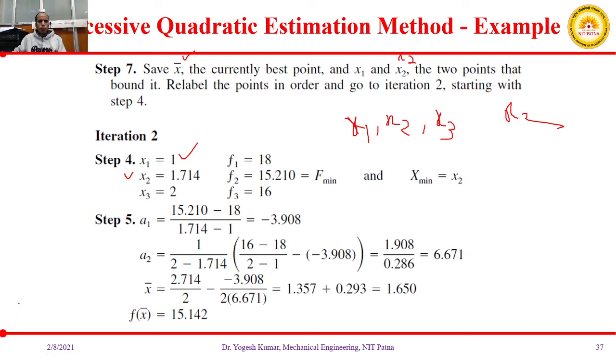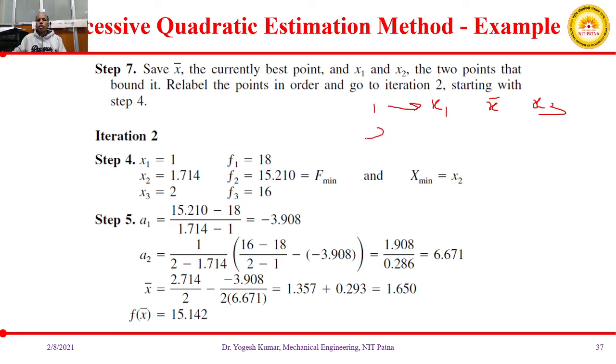Let me write again for clarity. Okay, so we have three values now: x1, x bar, and x2. This was in iteration number 1.